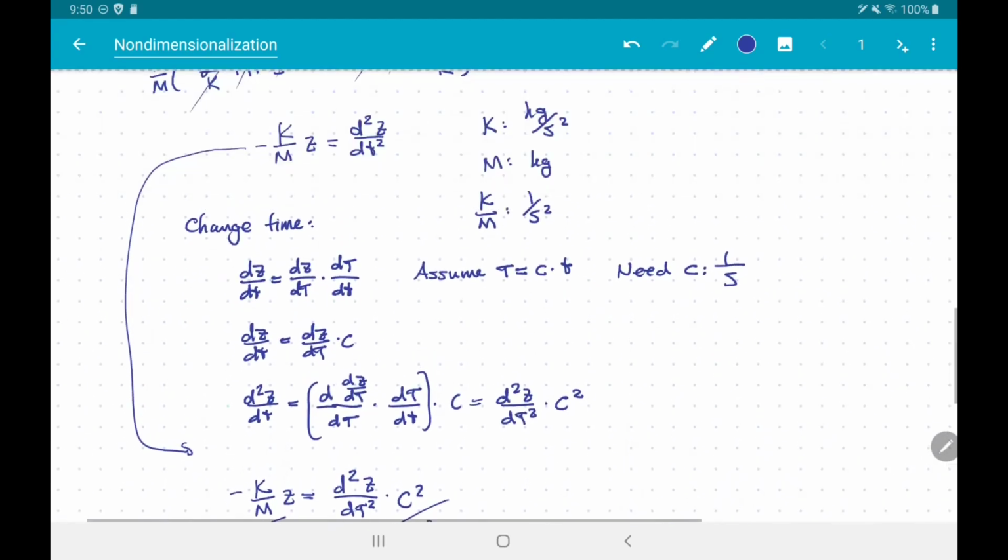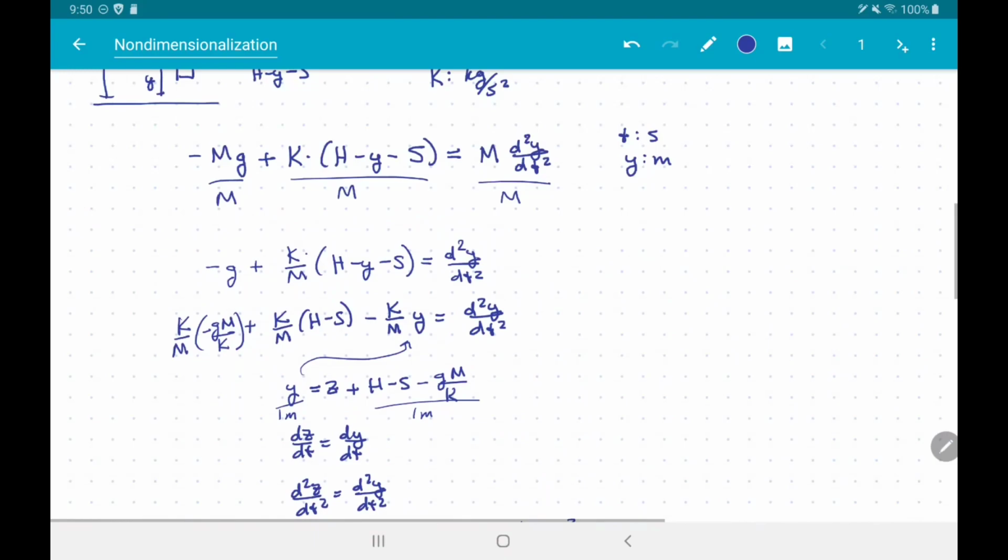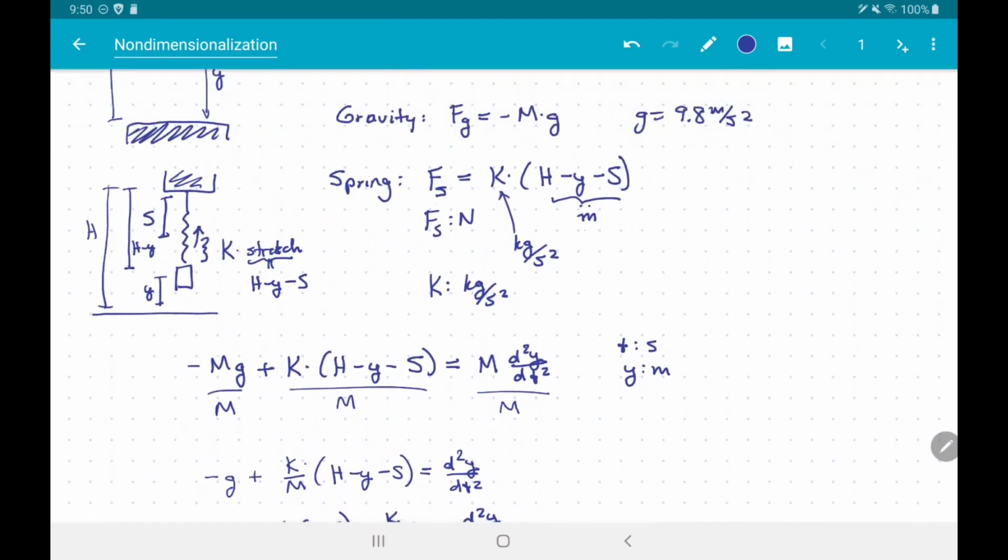Another technique that you will sometimes see that's a little bit more ad hoc, but hey, physics can sometimes be that way, is to write down all of the things that you have in the problem and the units that they have and try to find some product or quotient of them that has no units. Or, for example, maybe something that has length units. Sometimes that will give you a characteristic length scale for the problem.